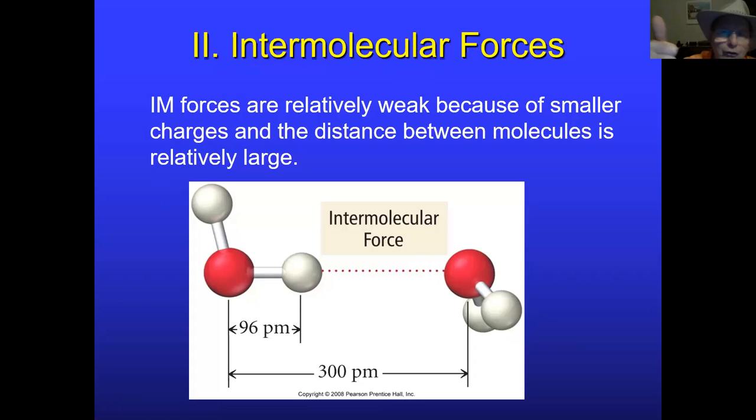So charges are less, distance is greater. Intermolecular forces are much weaker than intramolecular forces. This is why you can boil water at 100 degrees and water doesn't break up into hydrogen and oxygen. You can heat water up high enough that it will break down into hydrogen and oxygen, but it's at a much, much, much greater temperature than it will be to boil that water.